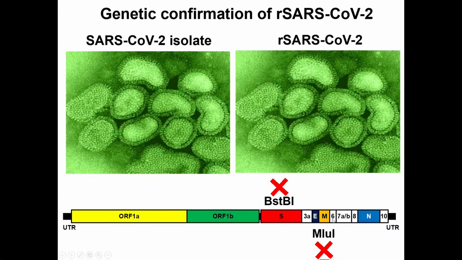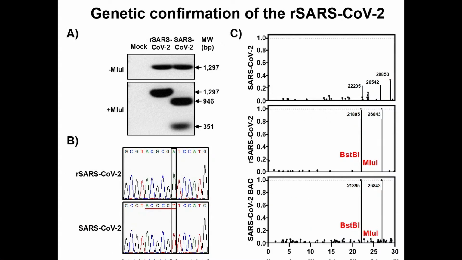So our recombinant virus will not have these restriction sites, contrary to the natural isolate that will contain these 2 restriction sites. So once we rescued the virus, what we did to demonstrate the recombinant nature of our virus was to amplify the membrane gene using RT-PCR approaches, that I show you here, from cells that were mock infected or infected with the recombinant virus and the natural isolate. And then this PCR product we digested with the MluI restriction enzyme.